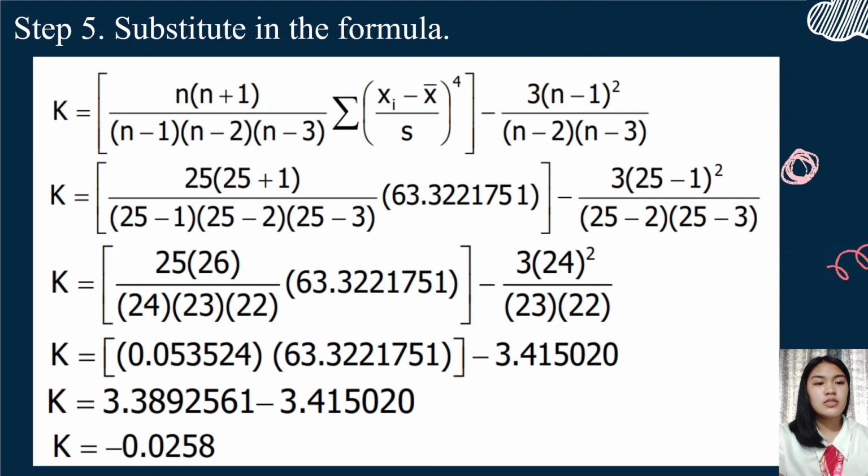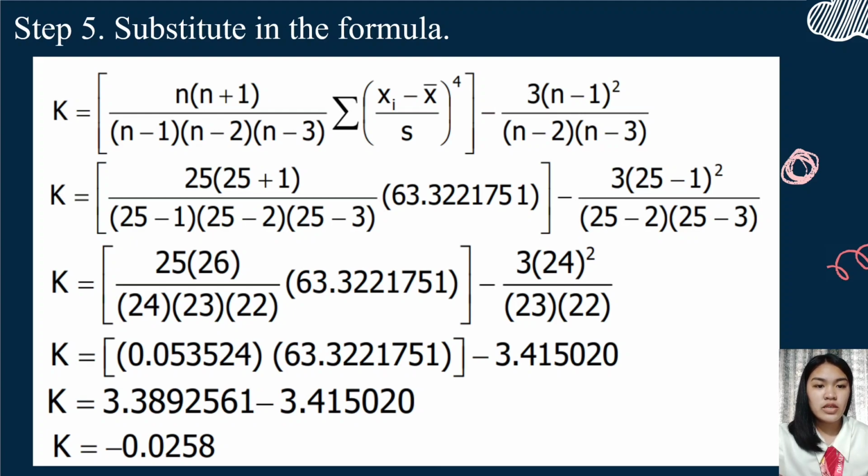So kurtosis is equal to n times n plus 1 divided by n minus 1 times n minus 2 times n minus 3, multiplied by the summation of x minus mean divided by standard deviation raised to the power of 4, and will be subtracted by 3 times n minus 1 squared divided by n minus 2 times n minus 3.